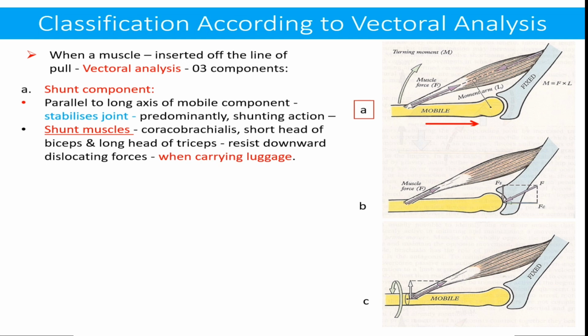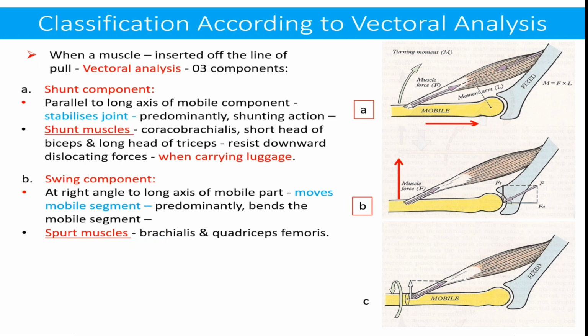Hence, it stabilizes the joint, and the action is named as predominantly shunting action, and the muscles are named as shunt muscles, represented by coracobrachialis, short head of biceps, and long head of triceps. These muscles resist downward dislocating forces when carrying a luggage.